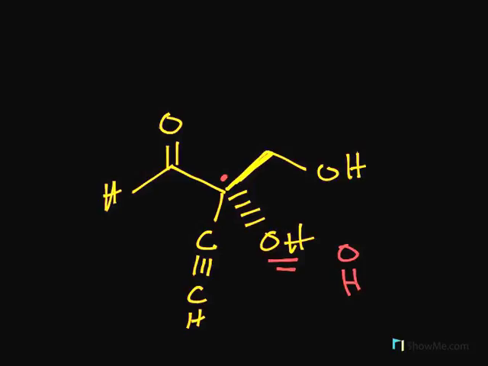Now I'm going to go to my methoxyl group here, to this CH2OH. And so what is directly connected to that tetrahedral carbon on this CH2OH group over here? That's going to be carbon, followed by oxygen, followed by a hydrogen, right? And again, I'm going in order of atomic number.